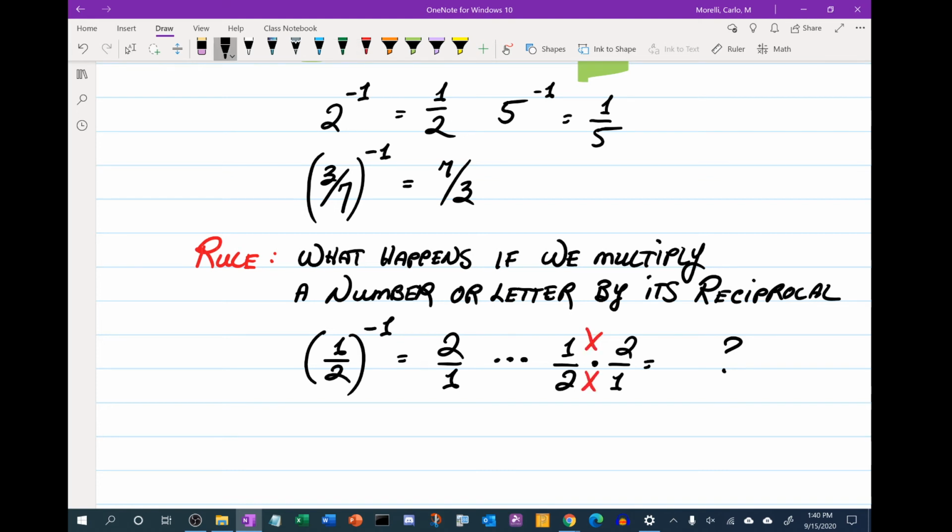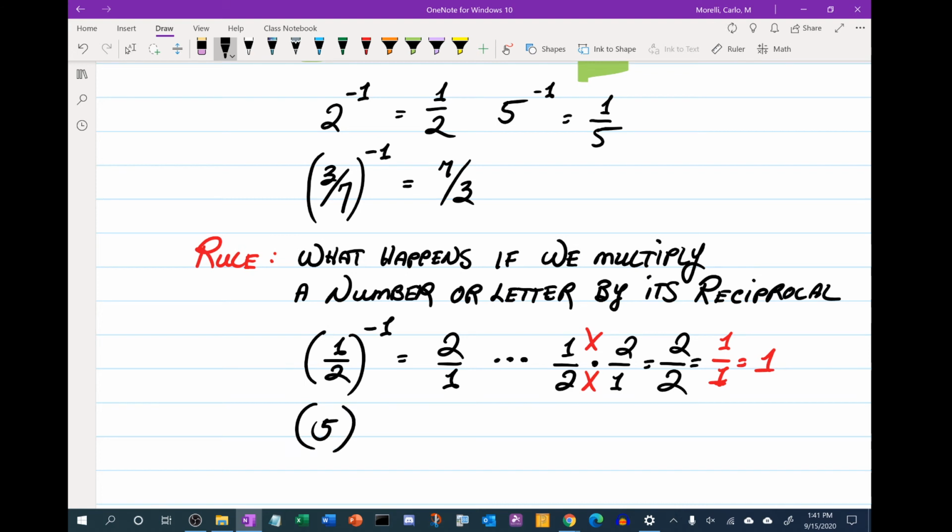What's 1 times 2? What's 2 times 1? What is 2 over 2 reduced to? 1. So what you really do is you reduce to 1 over 1, but we don't write that. We just write 1.